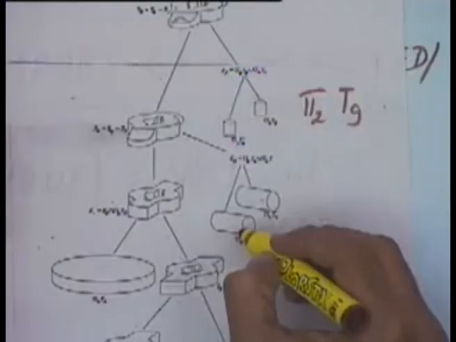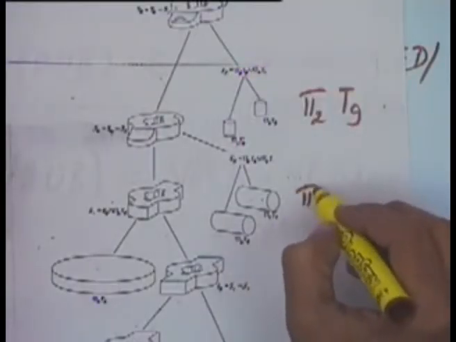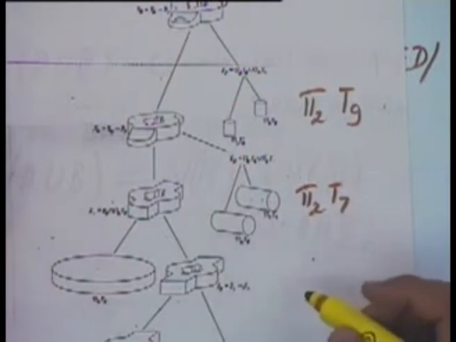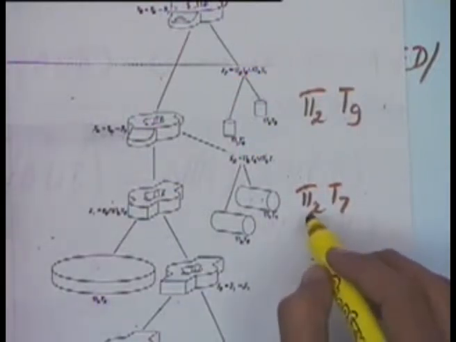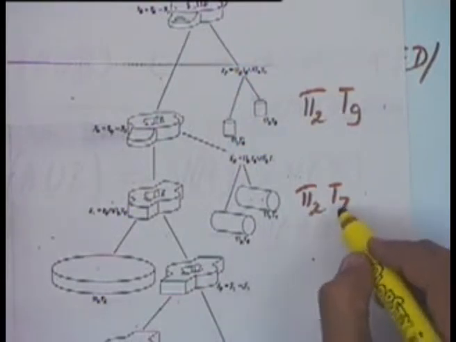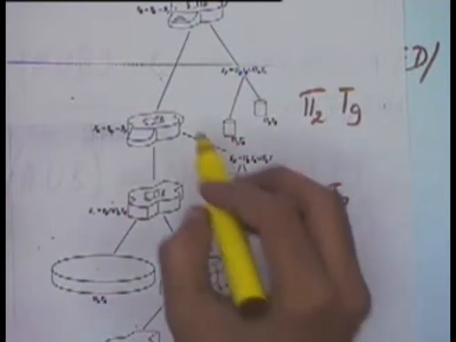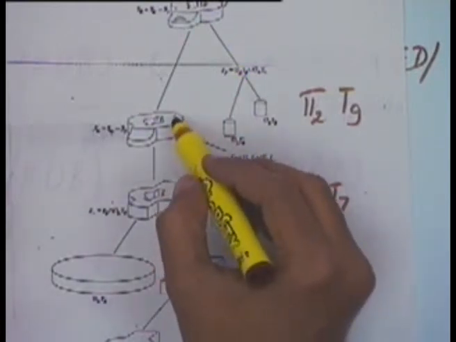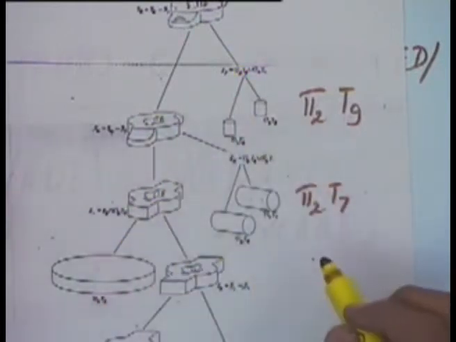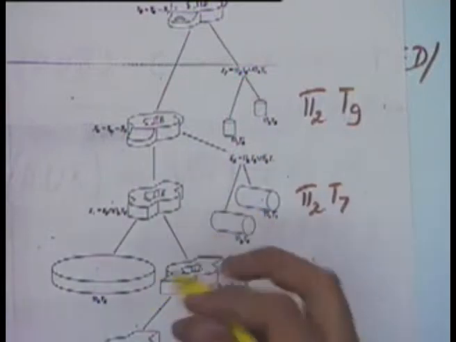Similarly, when I consider these two cylinders, these are referred to as pi 2 T7. Pi 2 is the same primitive, a unit cylinder, transformed through a transformation T7. That will give us this cylinder, which we will be using in the difference operation with this object to get this, and so on.